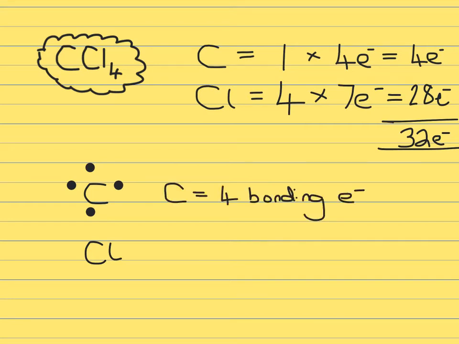Whereas if we look at chlorine, because chlorine has 7 valence electrons, if we fill in the Lewis structure for a chlorine atom, then it's got 1, 2, 3, 4, 5, 6, 7 electrons, and therefore, if we look at this, it's got 1, 2, 3 pairs of non-bonding electrons and just the 1 bonding electron.